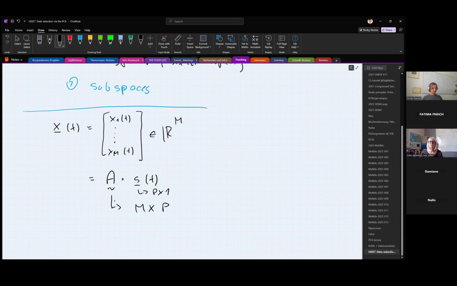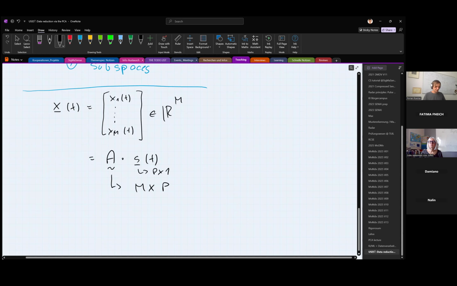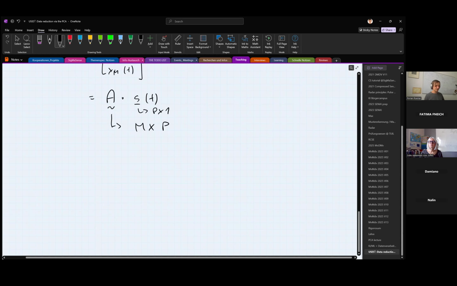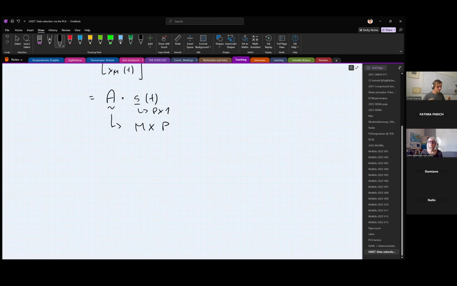Right. And in such cases, the matrix A dictates the whole structure that is underlying to the subspaces that are in there. Because again, looking at the columns of A, A1 up to Ap, they are supposed to span a p-dimensional space. And the whole goal of the PCA would be to get a decent estimate of them.